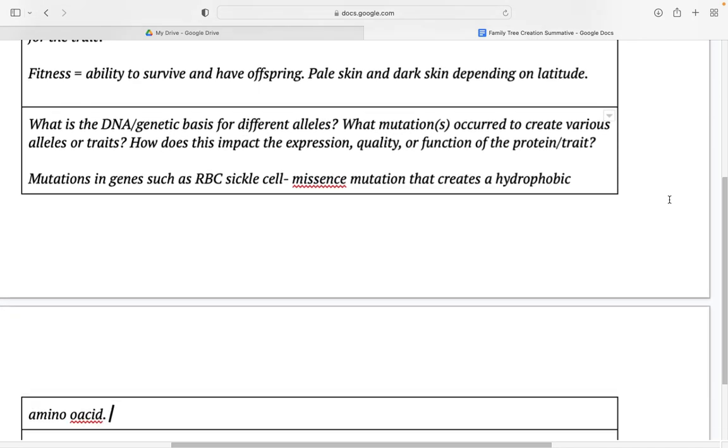That's the basis for sickle cell anemia. You can go even further by thinking about how this might impact either the expression, the quality, or the function of the protein. So I could talk about how red blood cells in sickle cell tend to clot more and hold less oxygen.